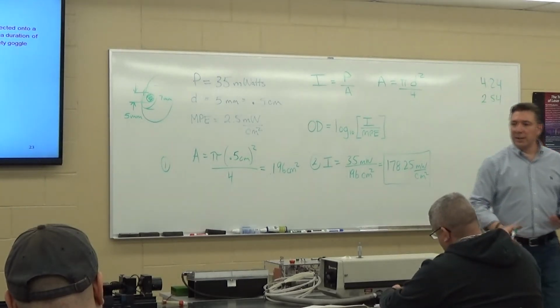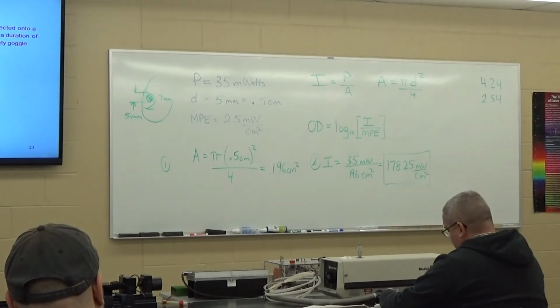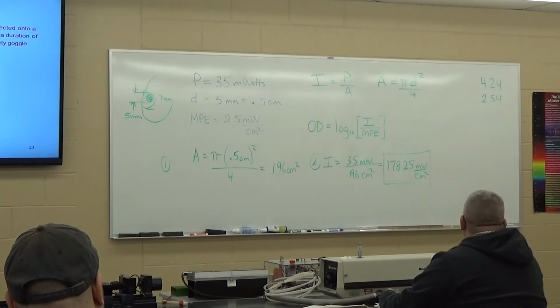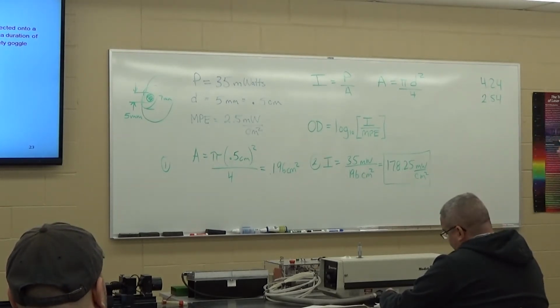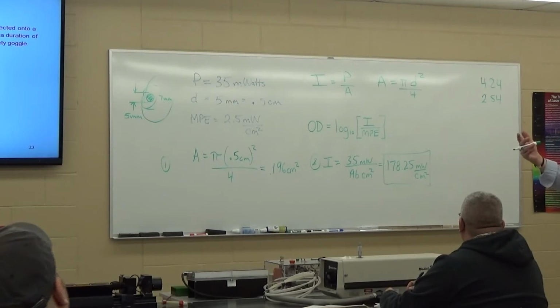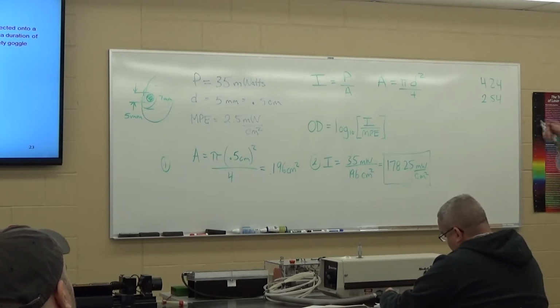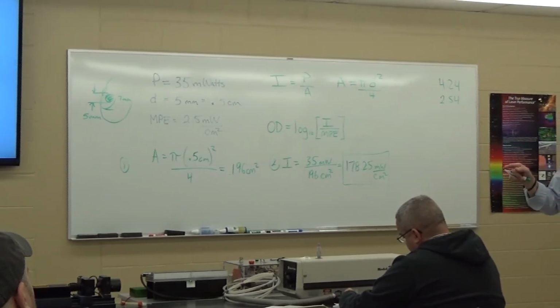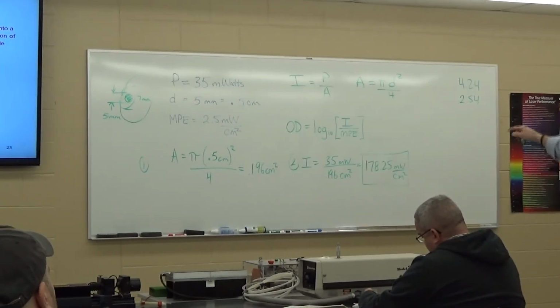Now, looking at that number, you know that the maximum permissible exposure is 2.5 milliwatts per centimeter squared. This is 178 milliwatts per centimeter squared. How much do I need to knock that down by to get down to 2.5? That's what that equation is saying.